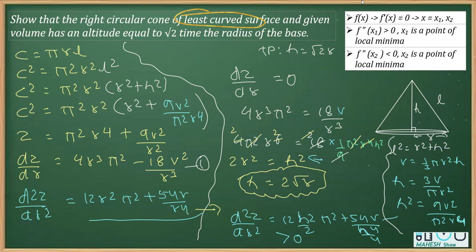Hence, it is minimum at h square is equal to, or you can say h is equal to root 2 r. So this is how we will do this question.